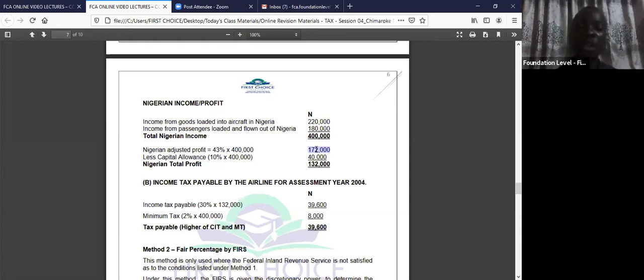Normally it is from income, you less expenses to get your assessable profit. We are not looking at allowable expenses now because we've taken care of it in the global sense. And that is how we got our adjusted profit. So we are looking at 400,000 income, 172,000 adjusted profit.